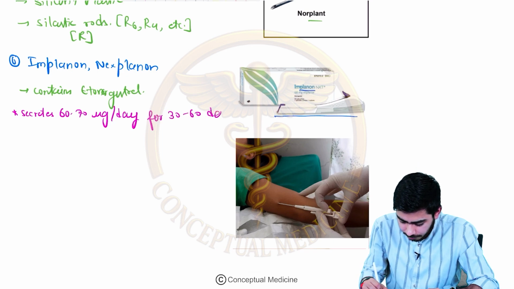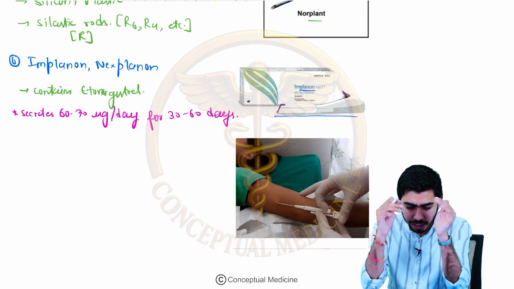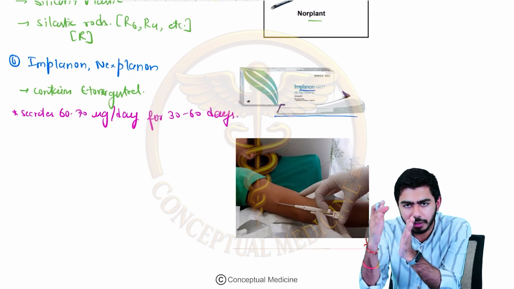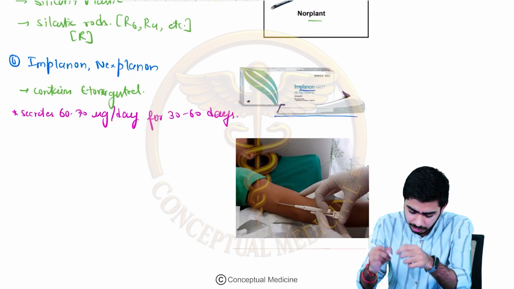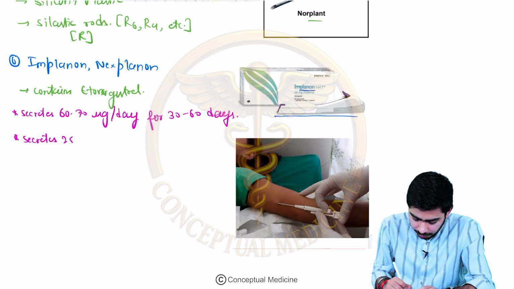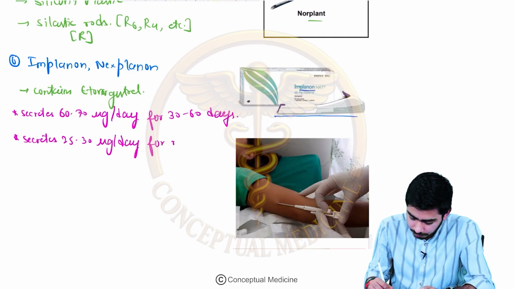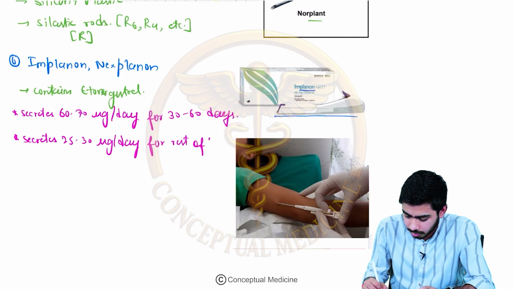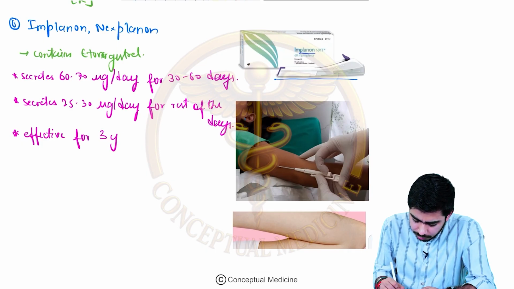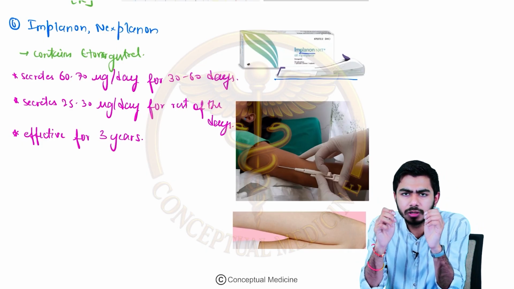After that, this rate will decrease, and it will be secreting 25 to 30 microgram per day for the rest of its time. It is effective for quite a long period, about 3 years.